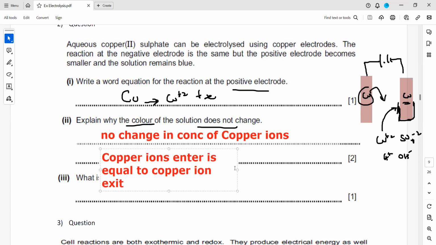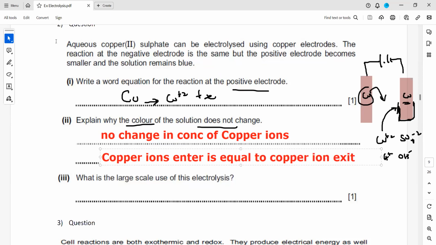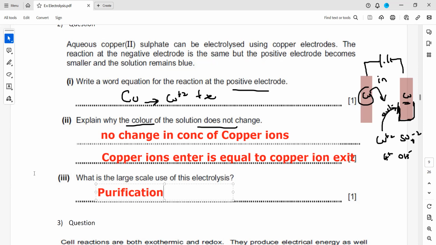If one copper ion is entering the electrolyte, at the same time, one is going out. So the amount of copper ion discharged at the cathode is the same as the amount of copper atom turned into copper ion in the electrolyte. What is the large scale use of this electrolysis? This electrolysis is mainly used for purification of copper. If you want to purify copper, we can use this method.